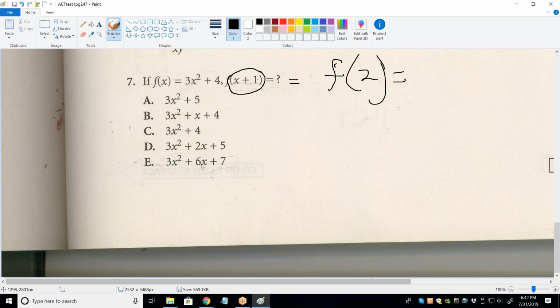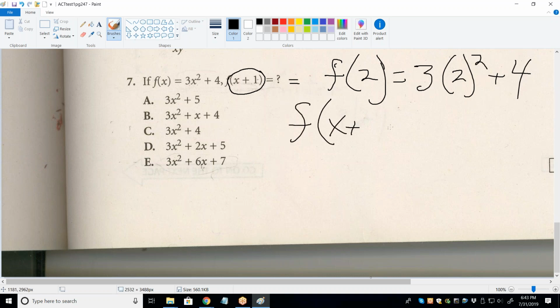In other words, if I have a function that says f of x is equal to something, then f of 2 means I'm going to plug in 2 wherever I see x. So it would be 3 times 2 squared plus 4. That would be f of 2. If I said f of 17, I'm going to plug in 17 for x. What if I say f of x plus 1?